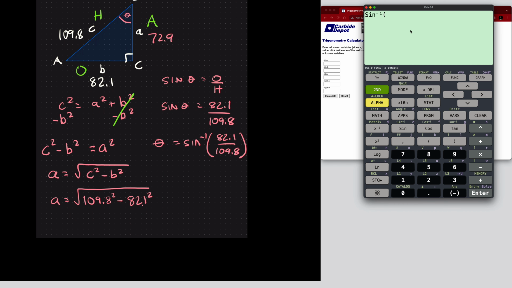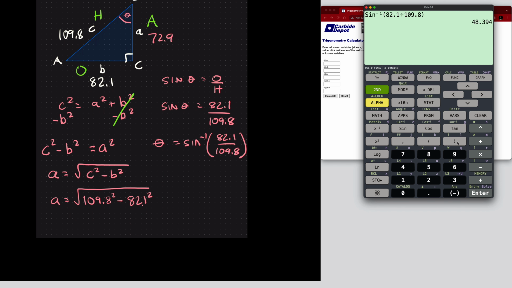Now I just need to punch in 82.1 divided by 109.8. Okay, and it gives us that the angle is 48.39. So this one will round up to 48.4.